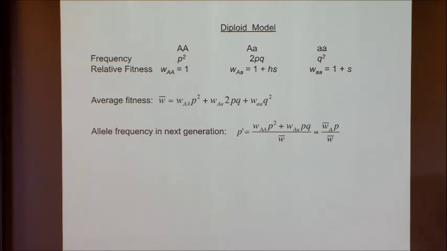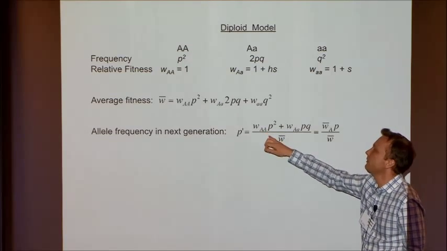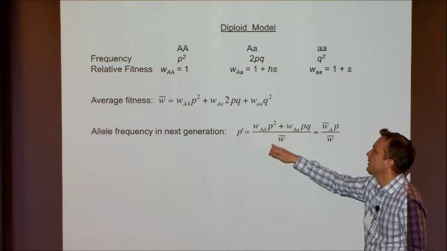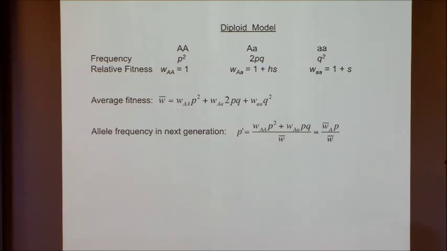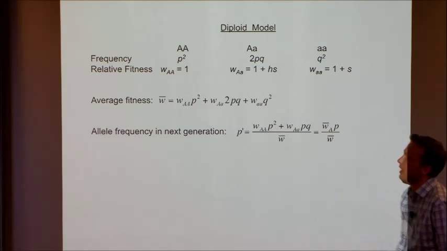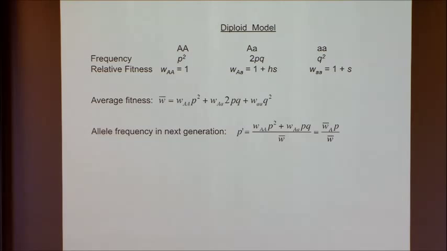From that, we can easily calculate the expected allele frequency in the next generation by taking the frequency of the capital A capital A individuals multiplied by their fitness, plus half the frequency of the heterozygotes multiplied by their fitness, and standardizing with the average fitness in the population. That will give us the allele frequency in the next generation.